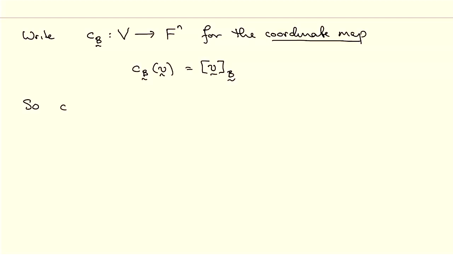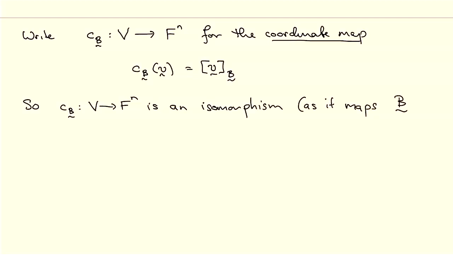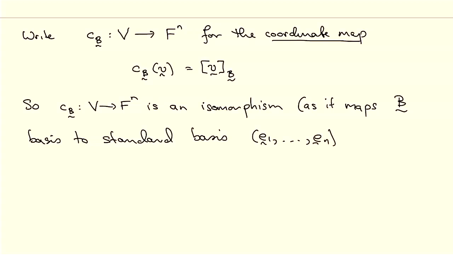So C_B is an isomorphism, as it maps the B basis to the standard basis E1 up to En of F^n. Okay?